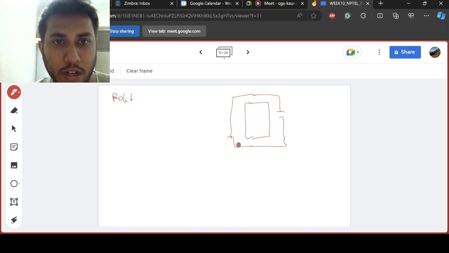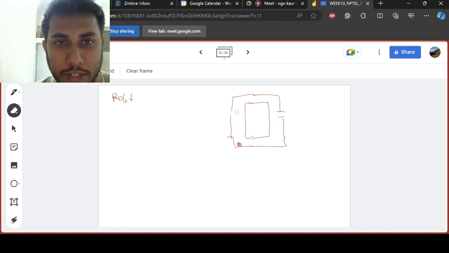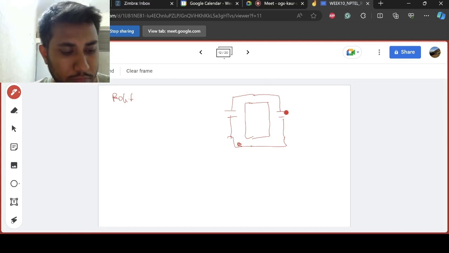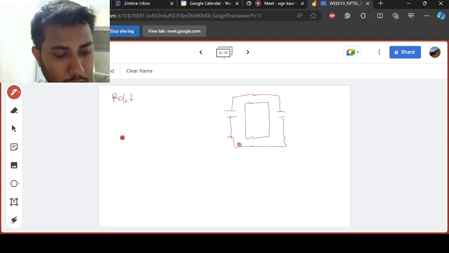You have a robot here which starts, and it stops when it reaches an intersection. Suppose here is one intersection and here is one intersection. It stops when it reaches some intersection. Let's say its state transition diagram is something like this.